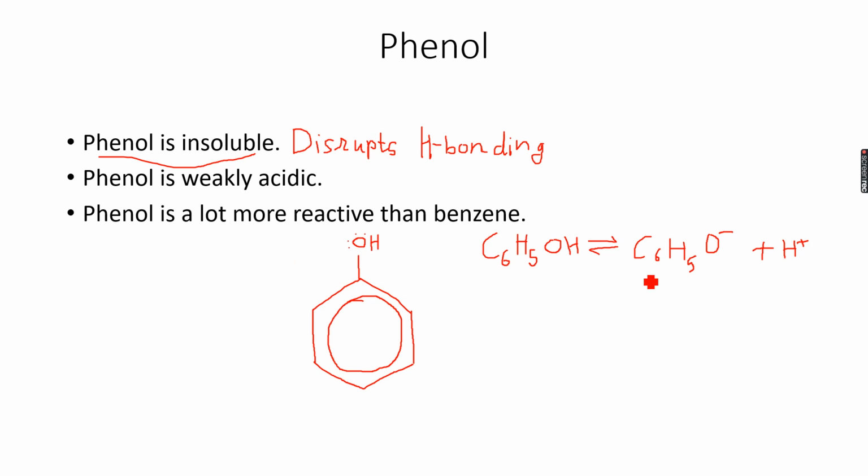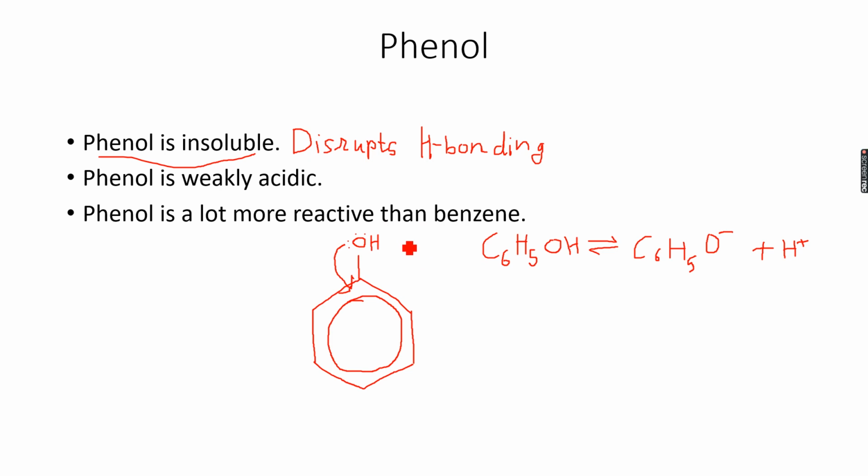But you need to know that this does behave as an acid because, as I told you before, the lone pair on the O atom delocalizes into the benzene ring. So as it delocalizes into the benzene ring, it is no longer available to accept H plus ions.